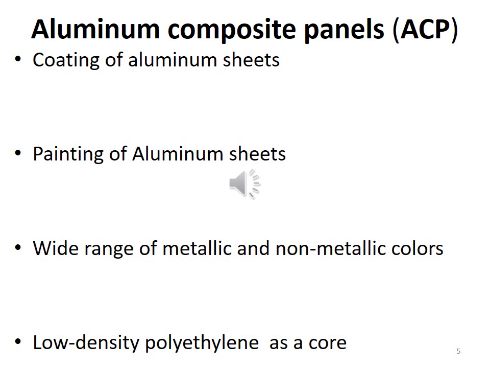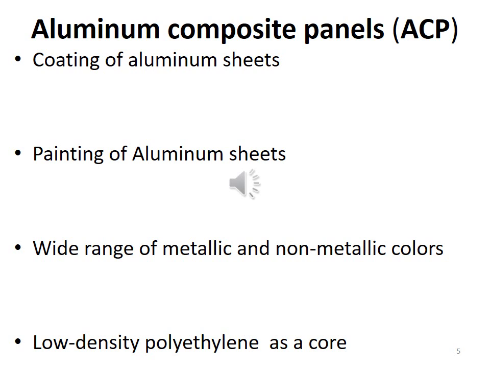Aluminum can be painted in any kind of color, and thus resultantly aluminum composite panels are produced in a wide range of metallic and non-metallic colors, as well as different patterns that imitate other materials such as wood or marble.